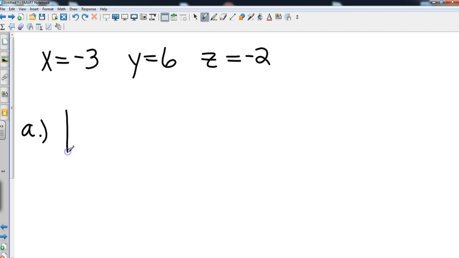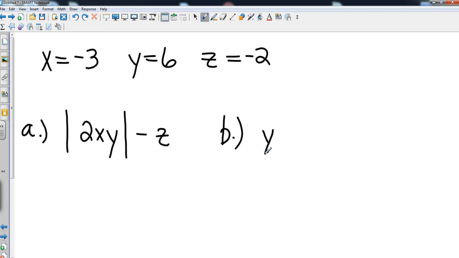Let's do an absolute value this time. And then maybe a distributive property problem. So just bumping it up a little step.